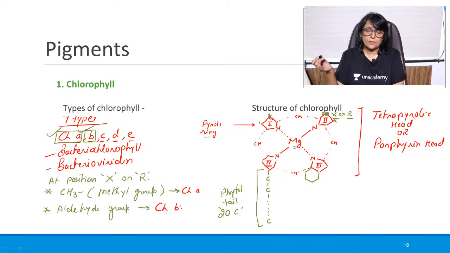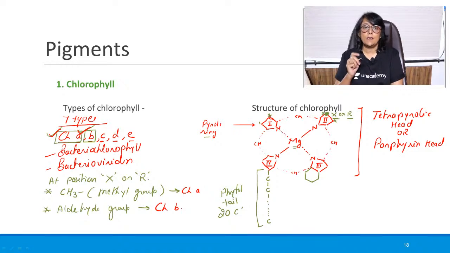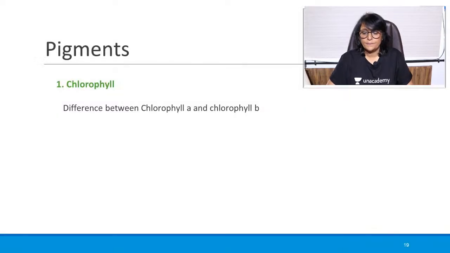There are variations at different positions, but because our main focus is only on these two, we are talking about chlorophyll A and B, and I have given you a basic structure of the chlorophyll molecule. Chlorophyll A and B difference we have talked of.